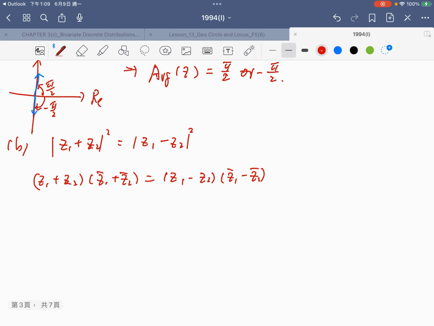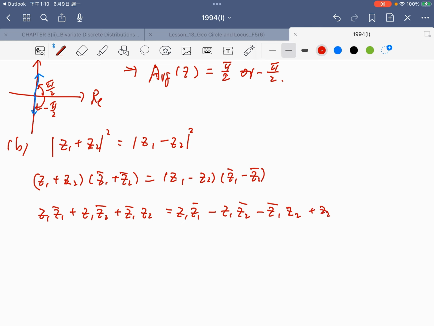And then expand this. Both hand side, expand both hand side. z1 z1 conjugate plus z1 z2 conjugate plus z1 conjugate z2 equal to z1 z1 conjugate minus z1 z2 conjugate minus z1 conjugate z2 plus z2 z2 conjugate.